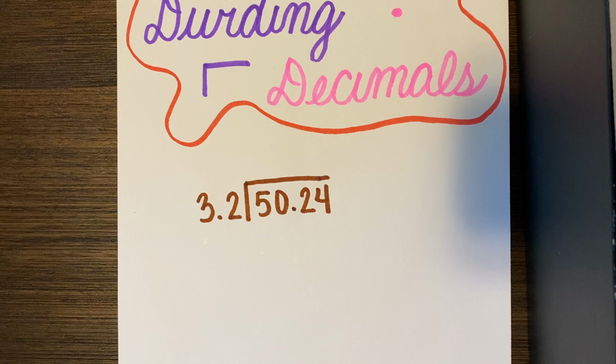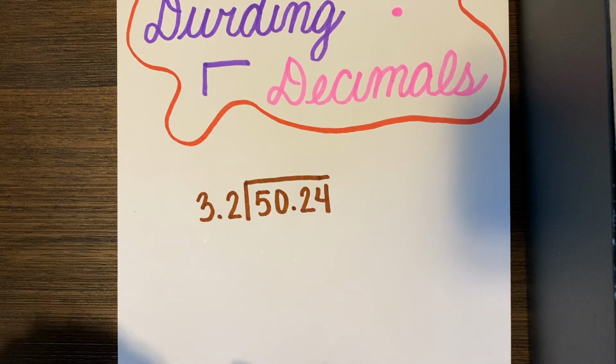Just a disclaimer that you may hear me say 32 whenever talking about the divisor, but I really mean it's just the number that we're going to use to do our dividing, because we're ignoring decimals at first. And then, of course, we can't ignore them for too long because whenever we find our quotient, we have to put our decimal back in our quotient, okay? So let's get started.